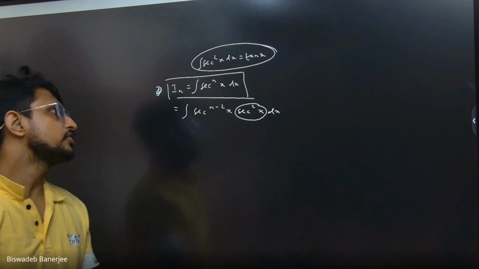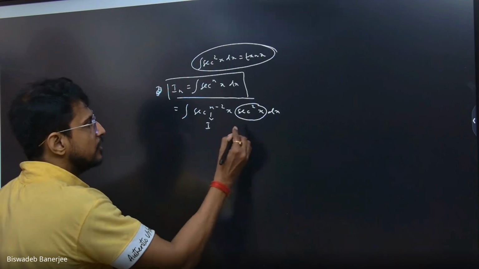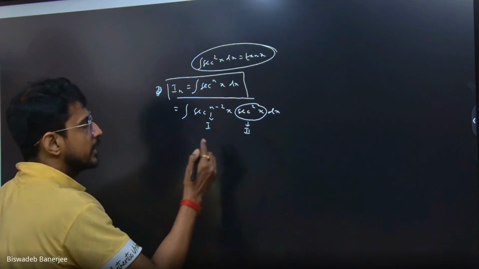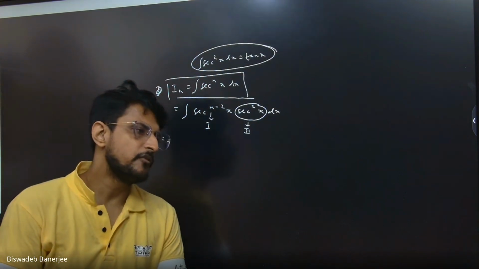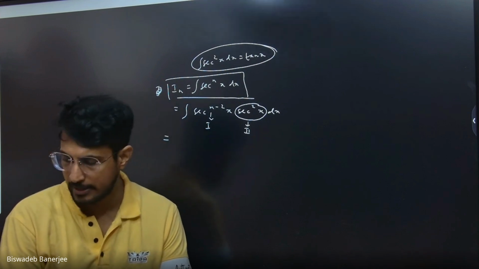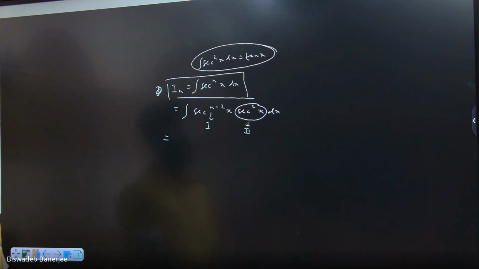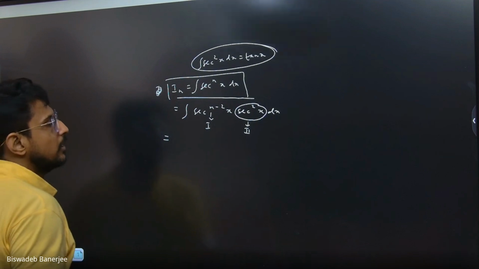So we shall use this theory here. Say there is my first function, there is my second function, because we know integration of sec square x. That is why we are taking this one as second function. So what will be the formula?